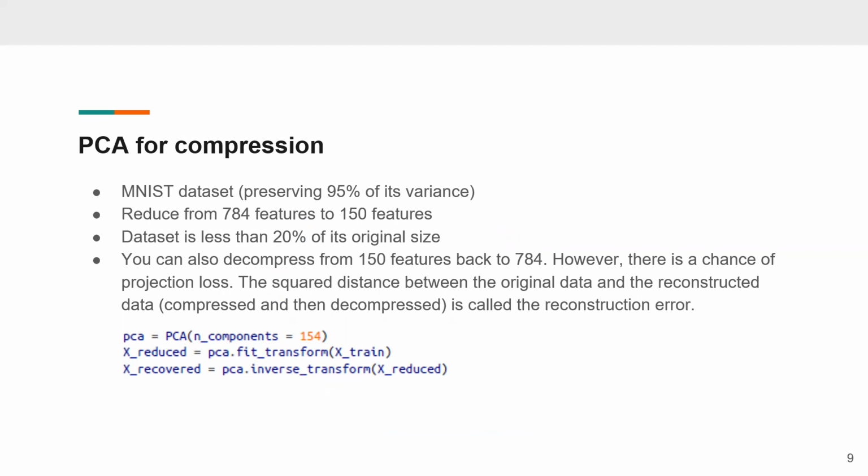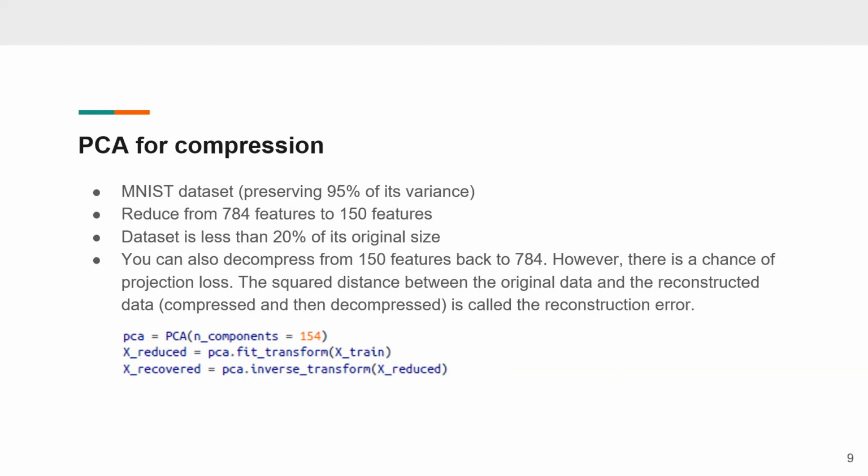Let's look at how PCA is leveraged in the MNIST example that we discussed. In the MNIST dataset, if you want to preserve 95% of the variance of the original data, instead of using 784 features or 784 pixels, you are able to reduce it to 150 features. 150 features would already preserve 95% of the original variance of the data.